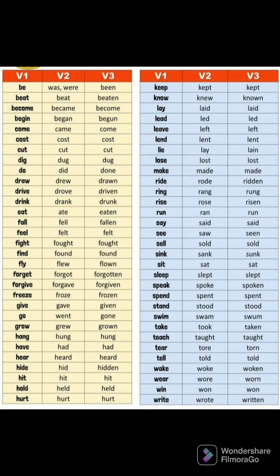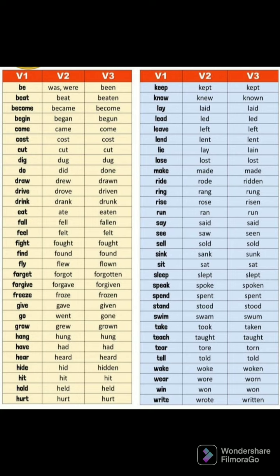Past tense we can call it V2, and past participle we can call it V3 in short. So V1 means present tense, V2 means past tense, and V3 means past participle. You can see there's a list of many more verbs. You have to practice this.